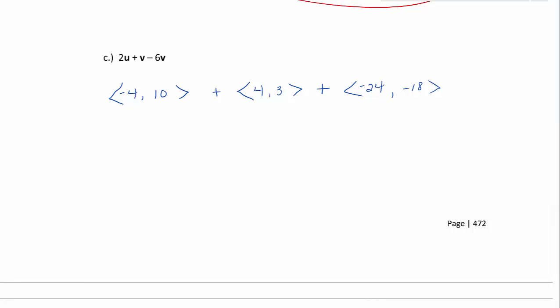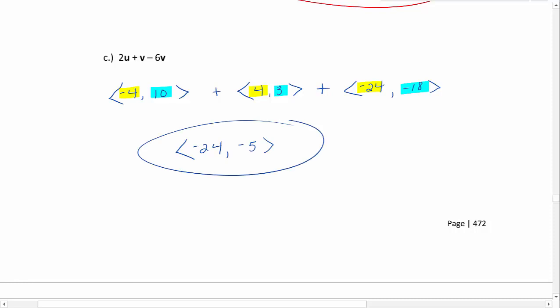And now we're ready to combine, and since it's all addition, I just need to add all my first components together and all my second components together, and that'll be my answer. Adding our first components together, that's negative 24, and then our second, negative 5. So we have the vector negative 24, negative 5.